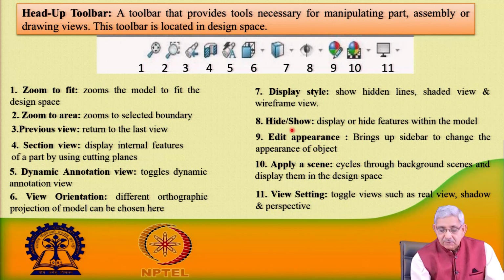Then hide and show, edit appearance, which is the 9th tool available, and apply a scene, or we want to view the setting. So, toggle views such as real view or shadow and perspective. These are the features available in the head up toolbar.